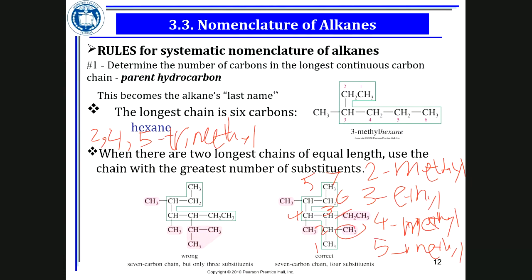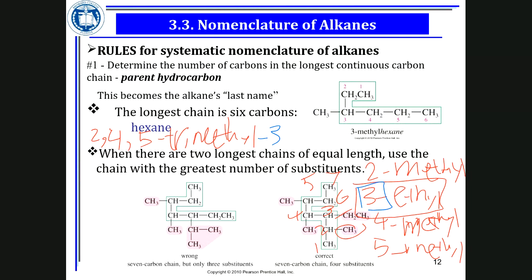We have to also give a location to the ethyl group. So to bring the ethyl, I have to first give the location for ethyl, so I have to bring a number. But since I end up with a letter and I'm bringing a number, I have to use a dash. You should always use a dash to separate the number from the letter. 3 as well.